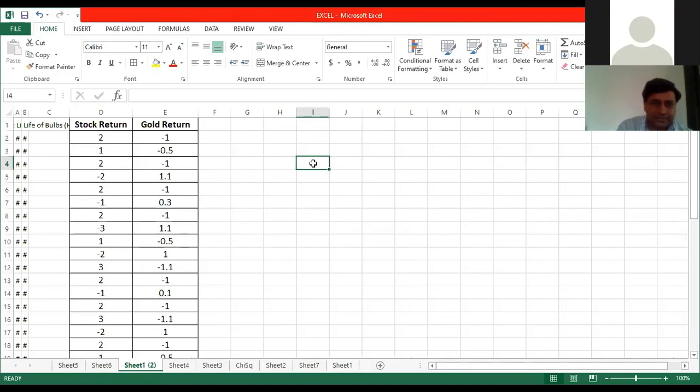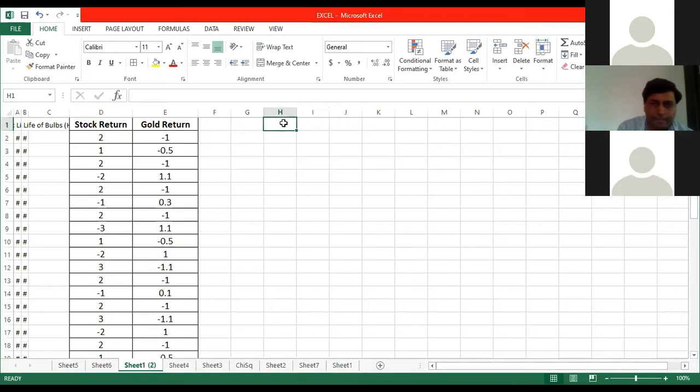Can anybody talk on that? When we have various options to invest in, in order to determine which would be the best option, we can work upon the correlation. Okay, so out of these two, which one do you think is the best option for investment?